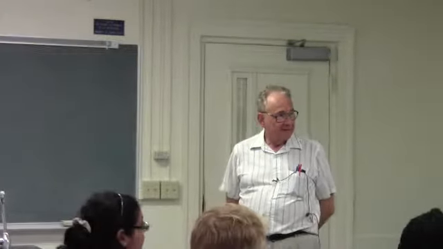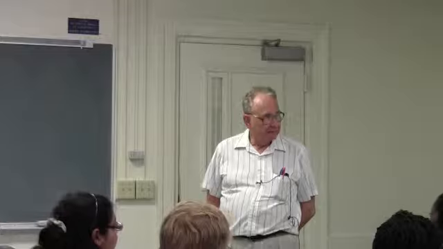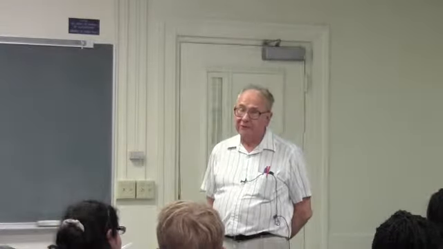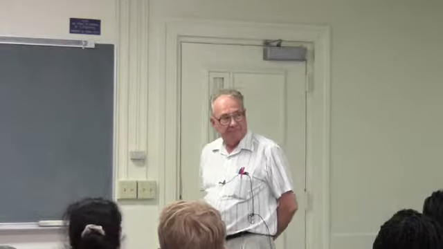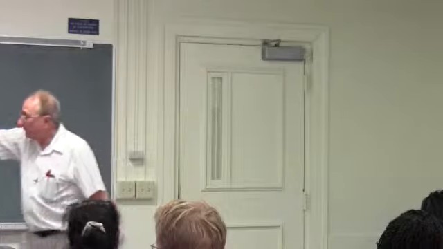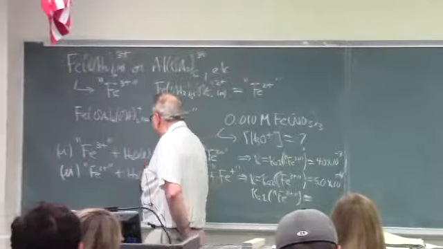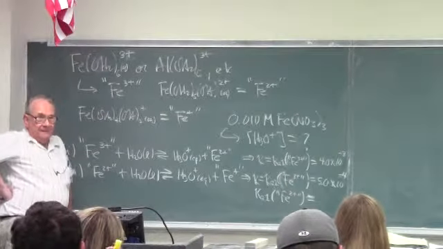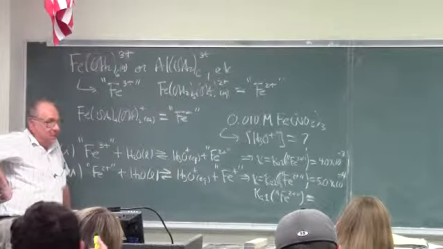Due to the hydrated metal ion, the positive charge density is lower, so it's probably easier to strip that. Wait a minute. You're talking about the right stuff, but not in the right way. The positive charge density is actually higher. What does that mean? It means that it's more likely to donate H plus.